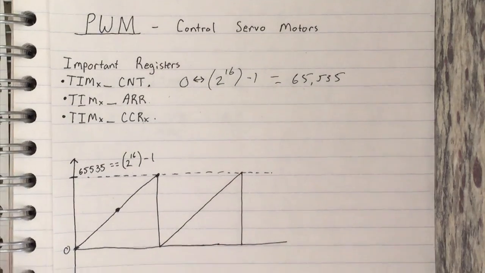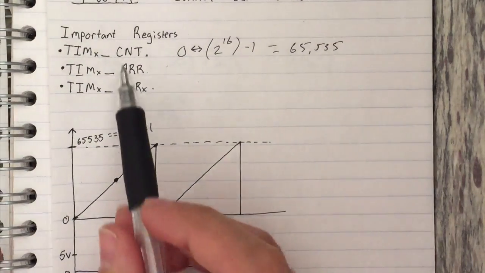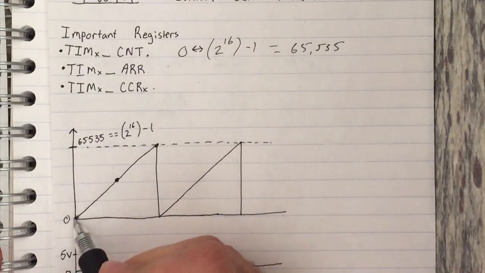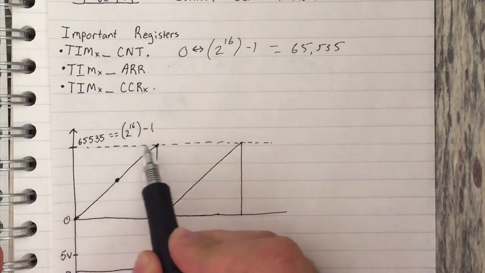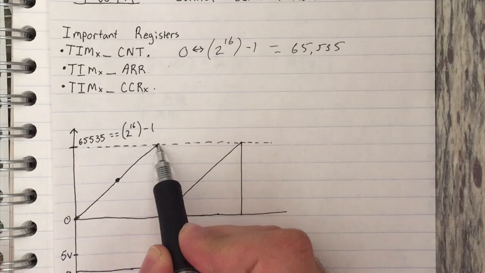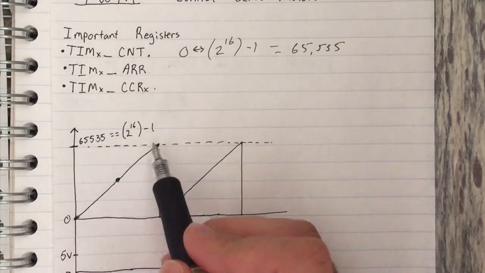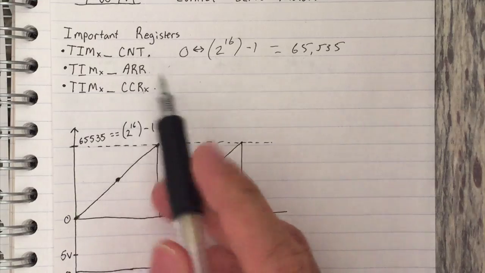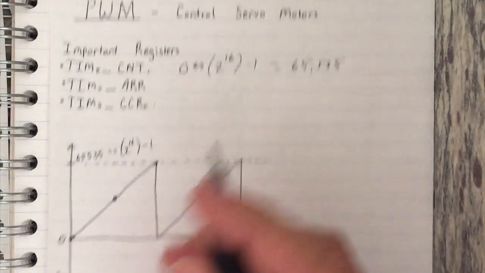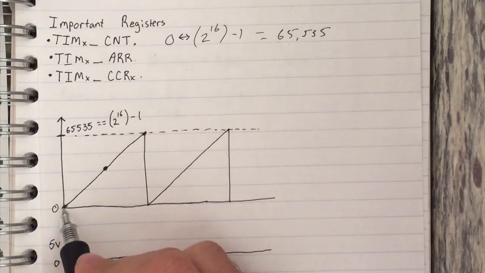So now this plot down here is actually a plot of the CNT register counting from 0 all the way up to 65,535. And so what we can do is actually pre-scale this, which means we can set a period that's anywhere between here where we want our signal to end.